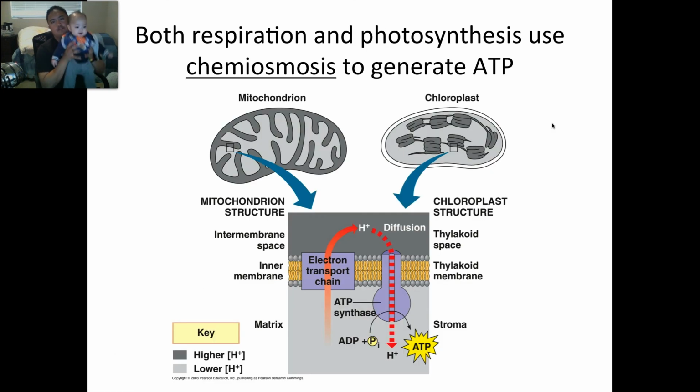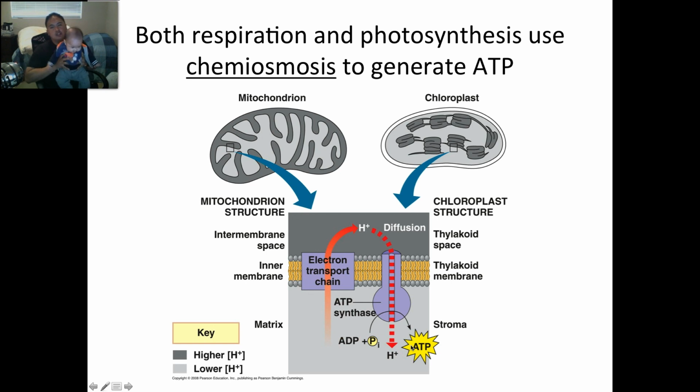Both respiration and photosynthesis use something called chemiosmosis to generate ATP. Chemiosmosis, if you remember, is a fancy term for this process right here. In terms of how an electron transport chain works, the electron energy is used to push H plus out of the membrane, and then when the H pluses go back in through the membrane, it powers a turbine, and that turbine connects ADP and P to create ATP.